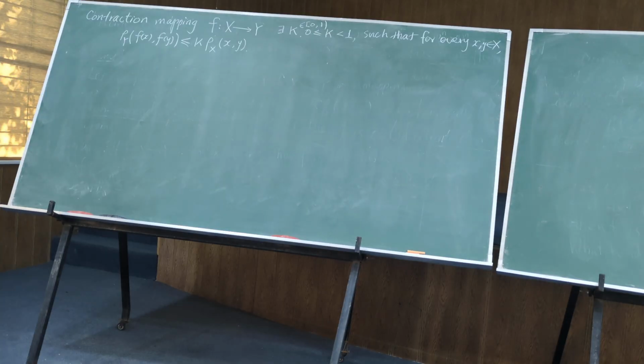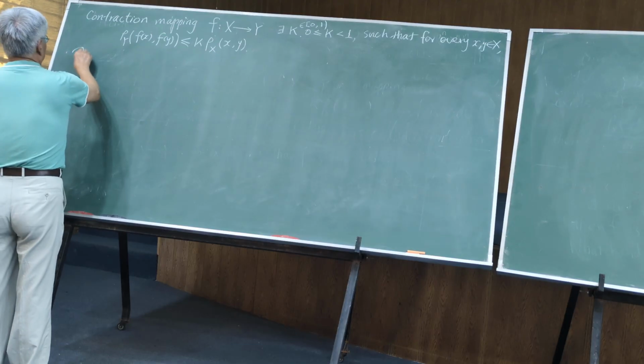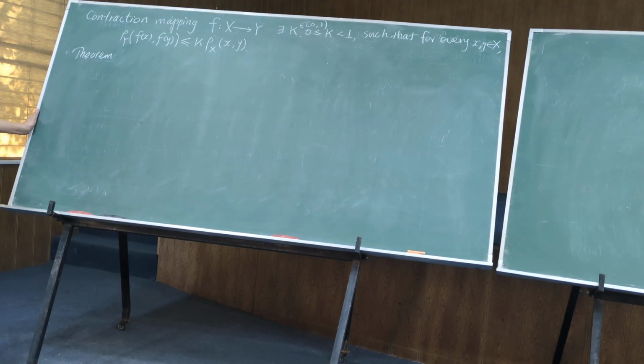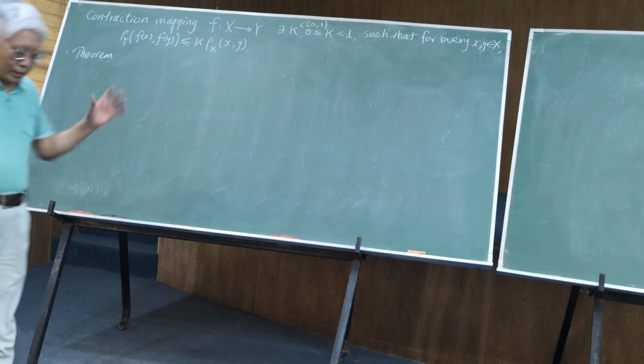Now we are going to state and prove Banach's fixed point theorem. These first three batches of slides I prepared are basics. We have touched on some topics already, but we're not going to seriously touch on topics yet.